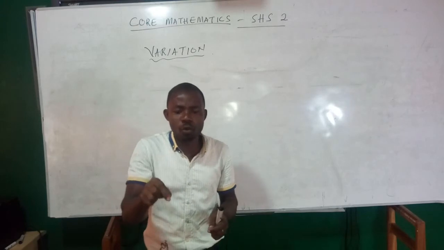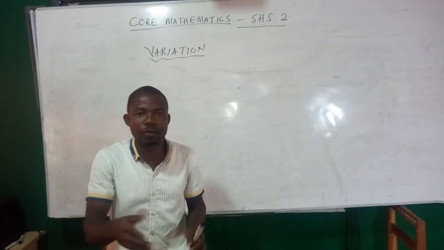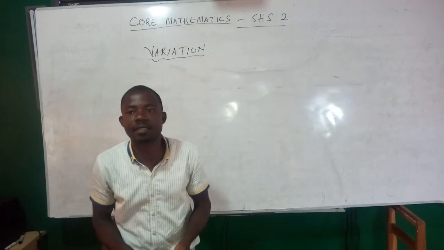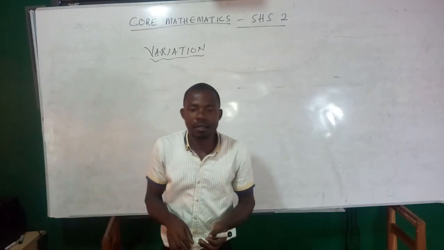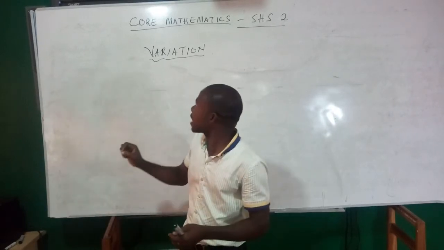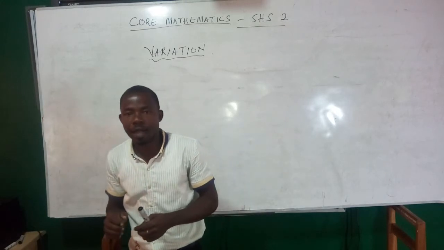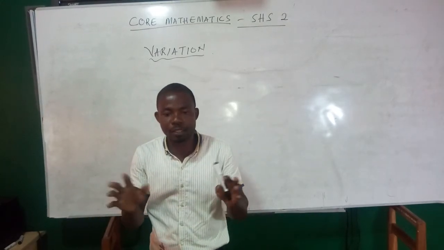When the number of people increases, the time they will use in weeding will decrease, and vice versa. So that is about variation. I hope you've understood the explanation now.